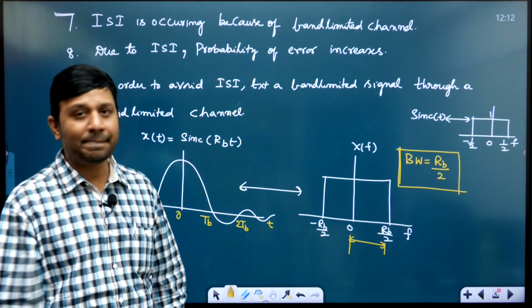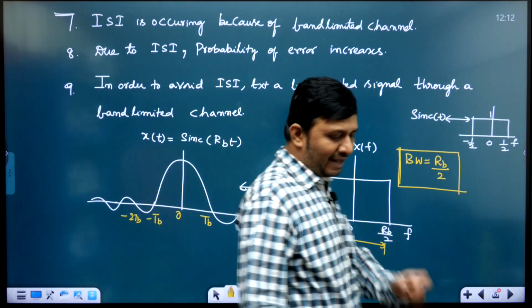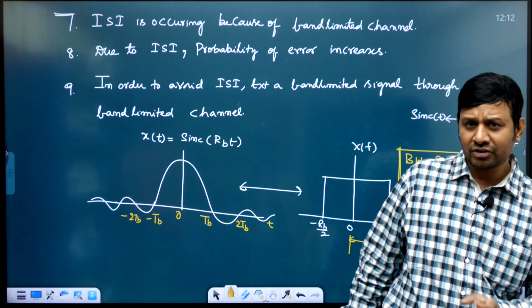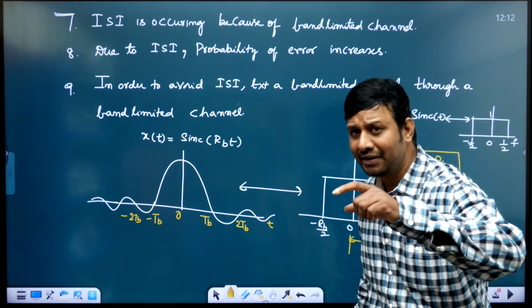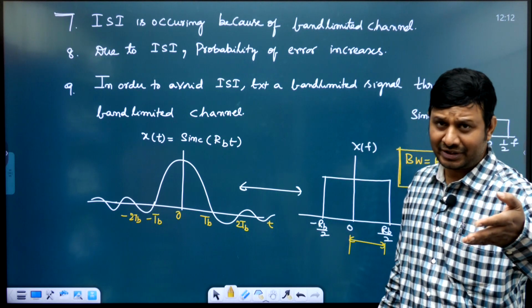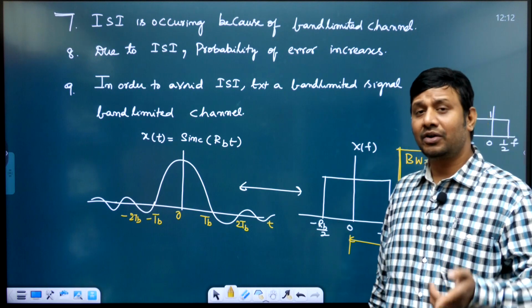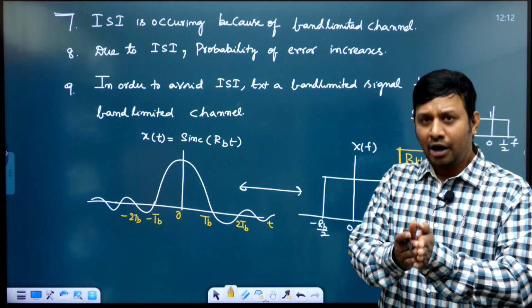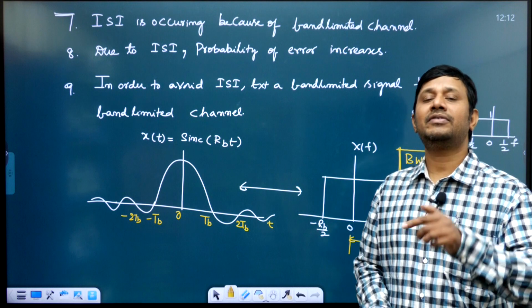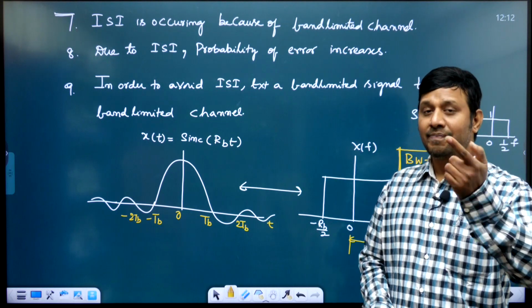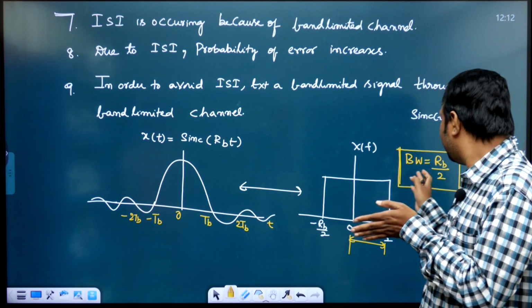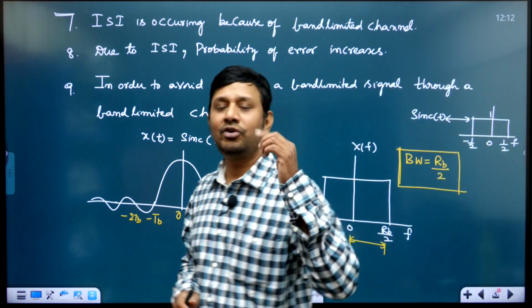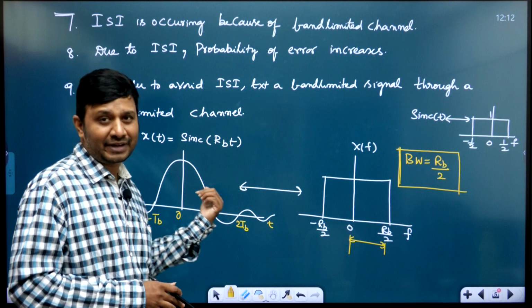So always remember, in pulse code modulation, if they ask about bandwidth, you can simply calculate it using RB. Whenever you use the expression RB for bandwidth, it means you are using a rectangular pulse. If you calculate the bandwidth as RB by 2, it means you are using a sinc pulse instead of a rectangular pulse.